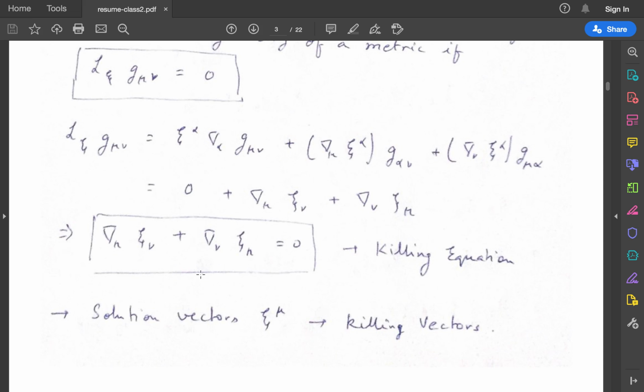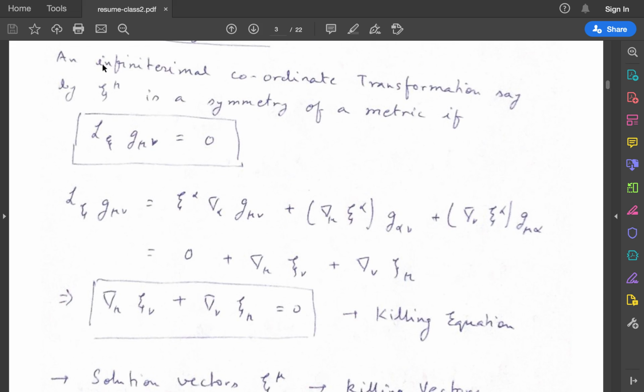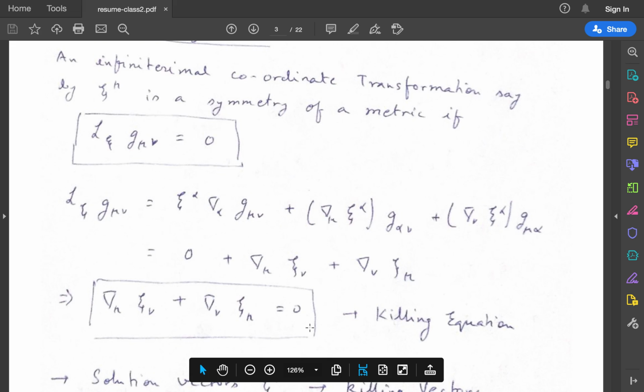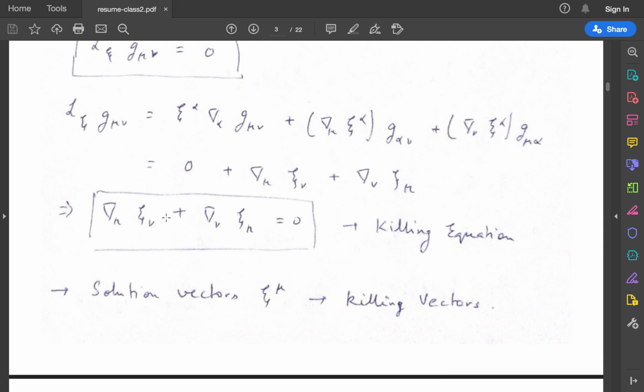This equation is known as the Killing equation. So ζ^μ is a symmetry of the metric only if this term is equal to 0, and then this equation is known as the Killing equation. The solution vectors ζ are all the ζ which leave the metric invariant, or which conserve the symmetry of the metric.